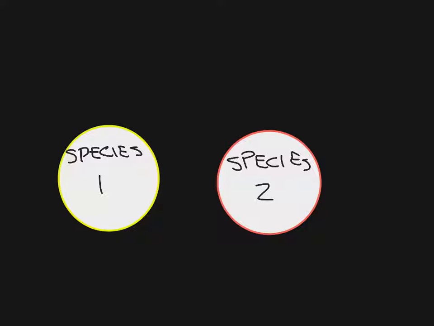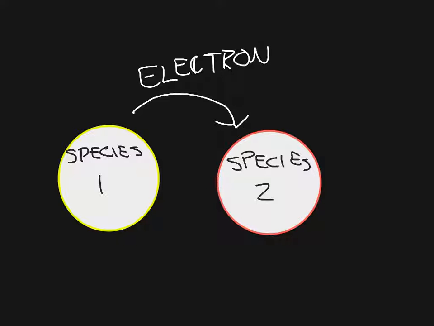So what's actually happening between the yellow circle on the left and the red circle on the right is that we've got an electronic transfer. So if I just draw an arrow, an electronic transfer from species 1 to species 2.